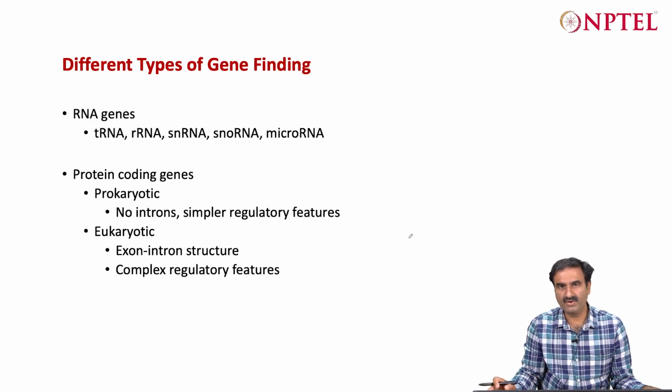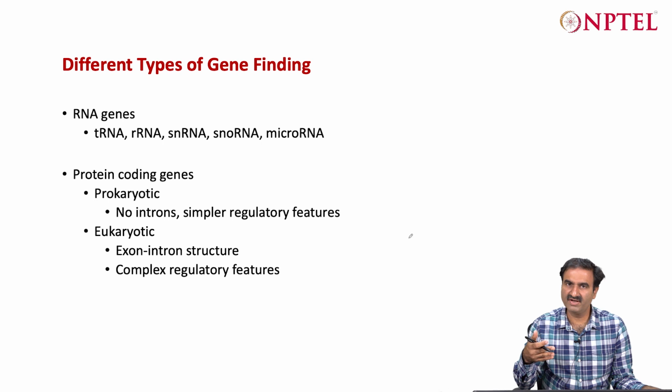Okay, so when we talk about genes, just to touch on it, there are different methods to find genes. The genes include both the structural genes, that is the tRNA, ribosomal RNA, or basically RNA coding genes, and the protein coding genes.